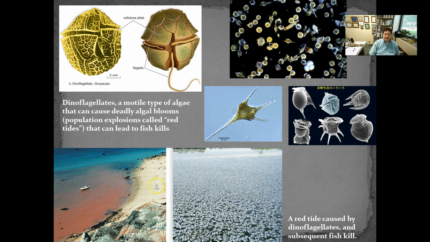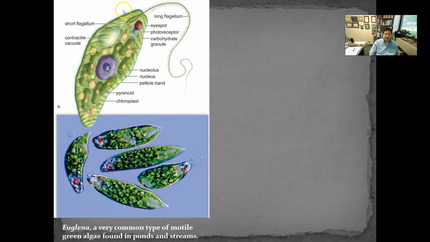What can happen is you get so many of these dinoflagellates all together, their population just explodes, and they use up all the oxygen toward the surface of the water, leading to massive fish kills, as shown here. This is called a red tide when they explode, because you get this reddish color here. Okay, here's another one called Euglena, very, very common in freshwater ponds.